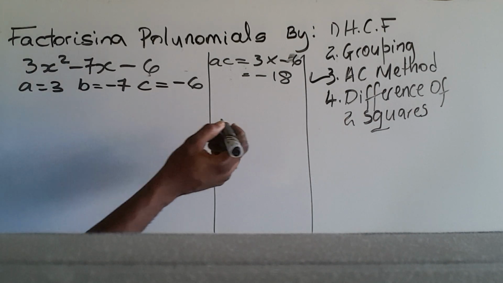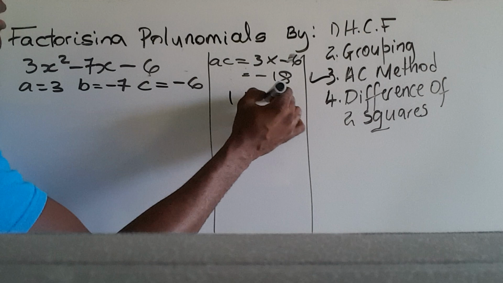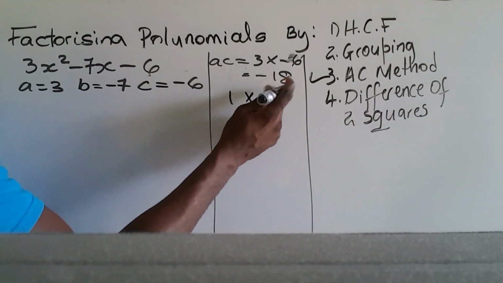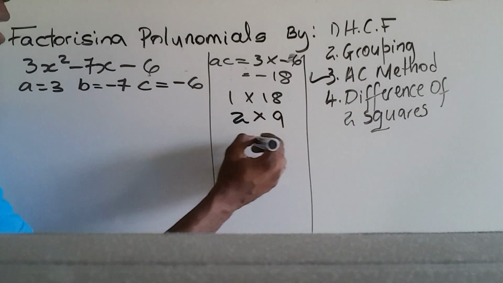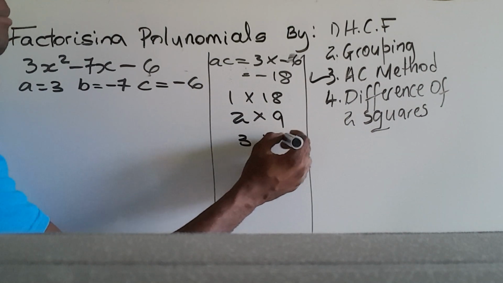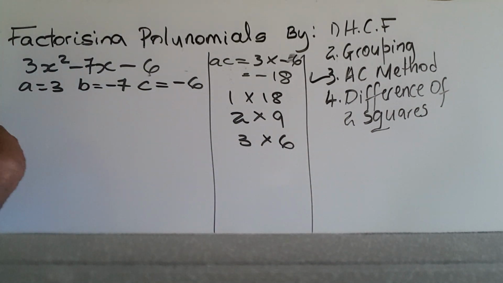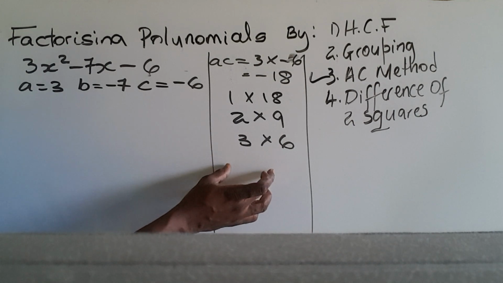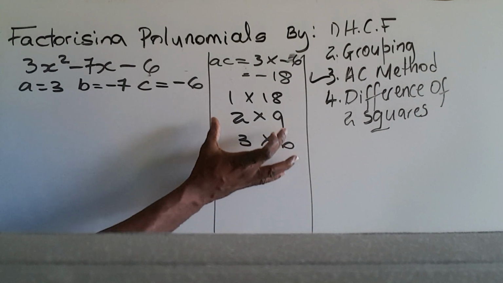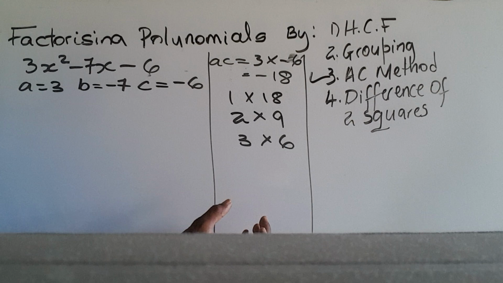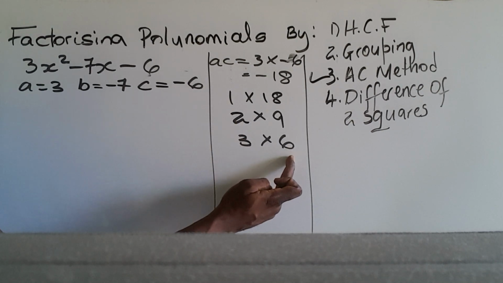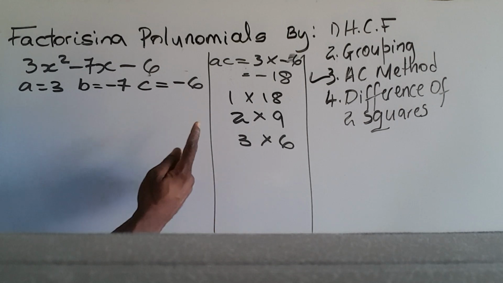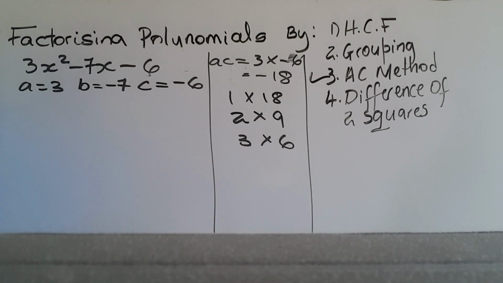So the best thing to do is to list all the factors of AC. 1 times 18 could give us 18. 2 times 9 could give us 18. 3 times 6 could give us 18. The good thing about the AC method is that the factor pairs are limited because we only have 3 pairs that really could multiply to give us back 18.